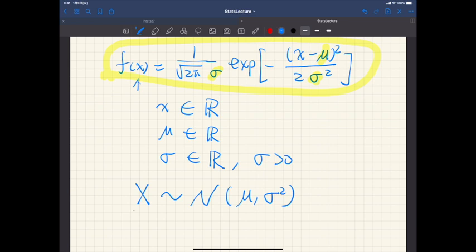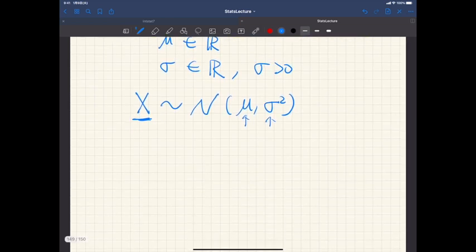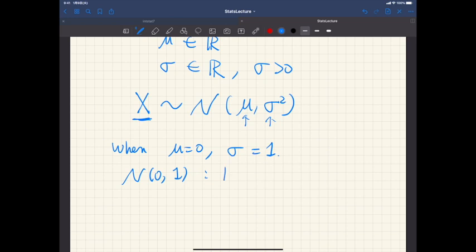This means the random variable x follows the normal distribution with parameters mu and sigma squared. In particular, when mu is 0 and sigma is 1, then we call this the standard normal distribution.